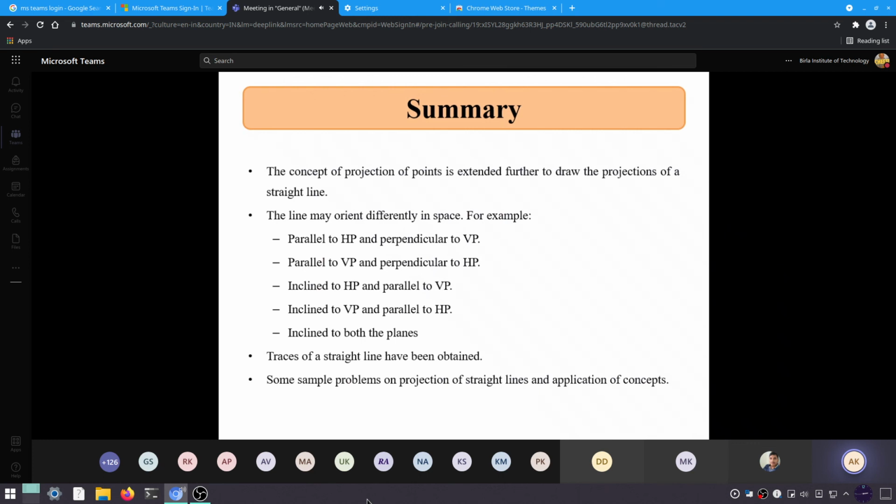See, I know it is very difficult to understand the traces right now, and we have shown only one problem. But if you try to solve some assignment, let me talk to Arko sir. Arko sir? Yes, sir, we have assignment related to traces.